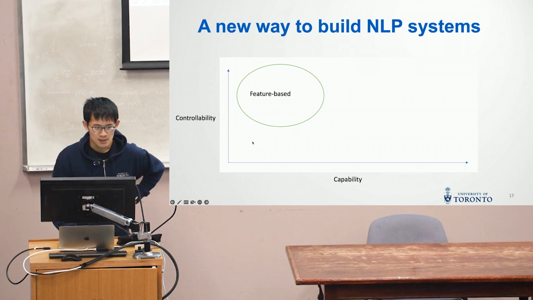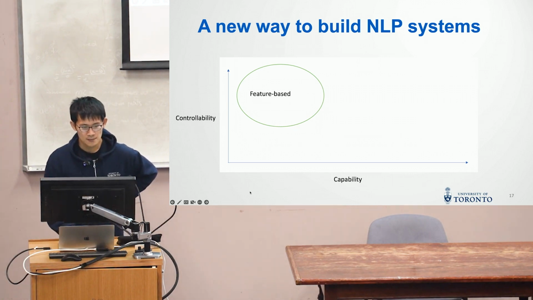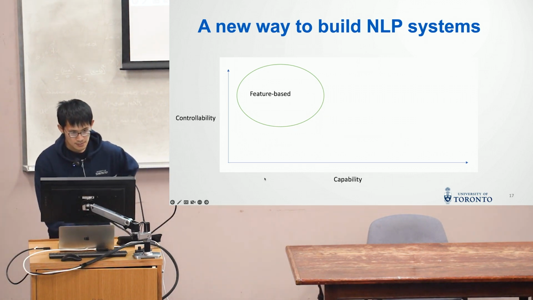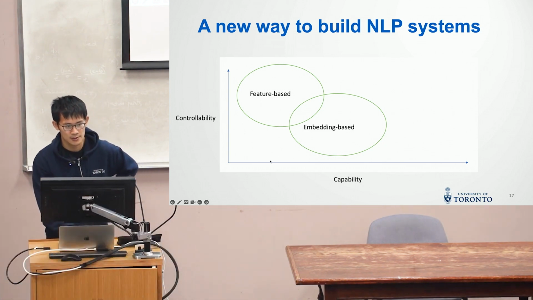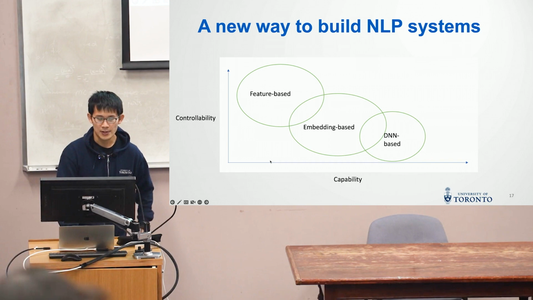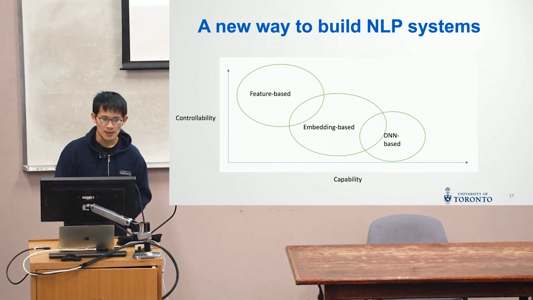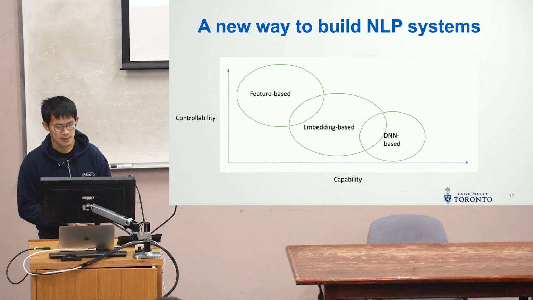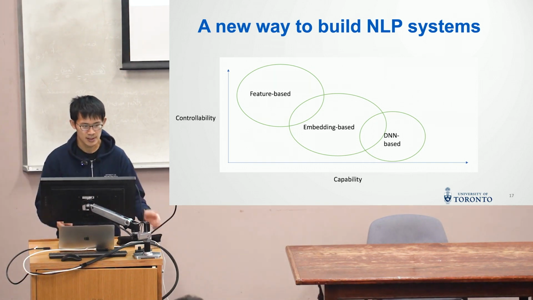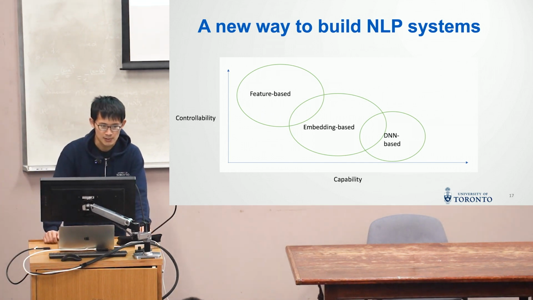They have high controllability, but relatively low capability. Embedding-based systems have higher capability, but lower controllability. Deep neural network-based systems have a lot of overlap with the embedding-based systems, but they have a lot larger capability. And sometimes deep neural network-based systems could have even lower controllability.